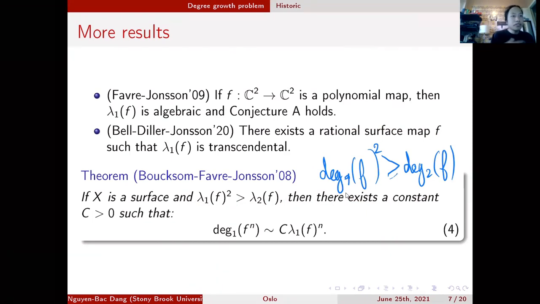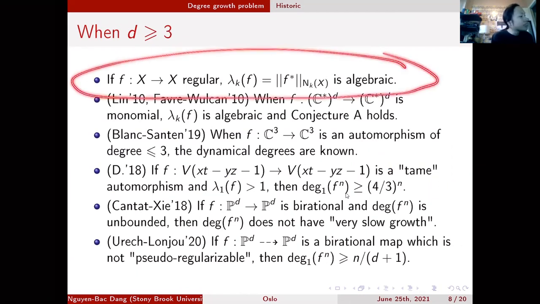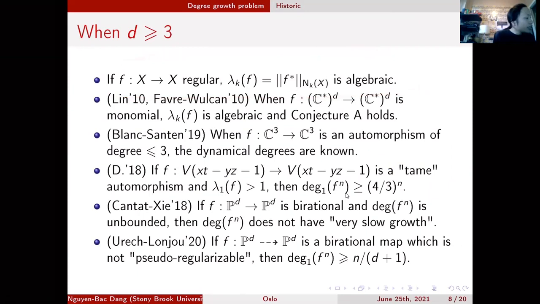So let me tell you now, if we try to go further, in dimension D bigger or equal to 3. So the known cases are the following, and you see that there are less and less things that are known. So we know everything for regular maps, and then people have studied particular cases, where, for example, your map has a particular form, called monomial.